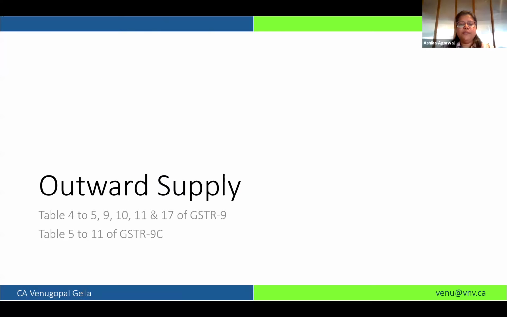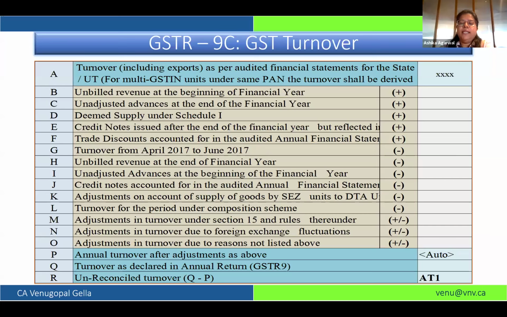Now let us go one by one with how to fill the tables of GSTR 9 and 9C. The first thing you will notice over here is we are starting with outward supply. In case of outward supply, the first thing we need to do is derive our GST turnover.